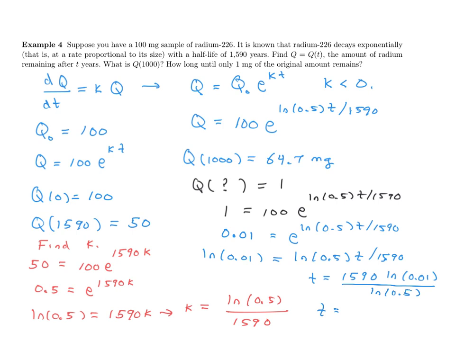That's the exact number. I'm going to type this into my calculator to see what number this is. All right, if I round to the nearest year, I get 10,564 years. So that is how long it will take to reduce this initial 100 milligram sample down to simply 1 milligram. And that's it for this problem.